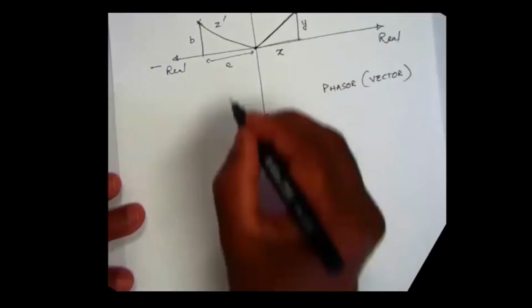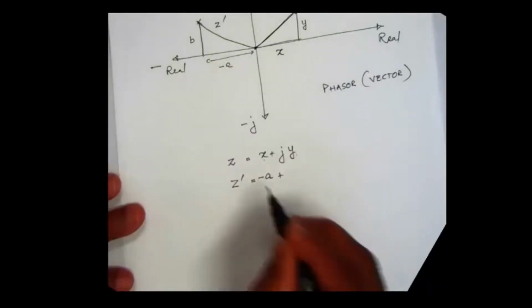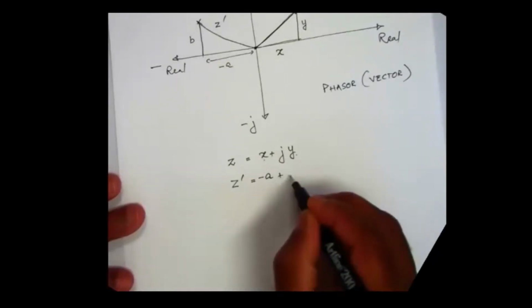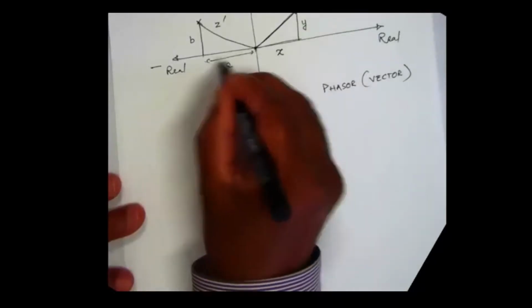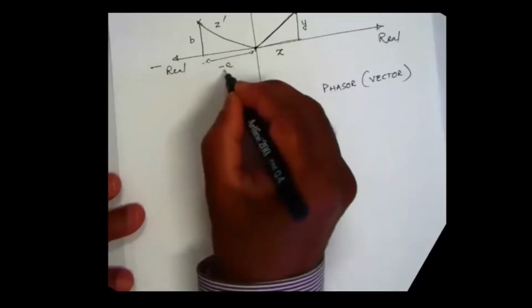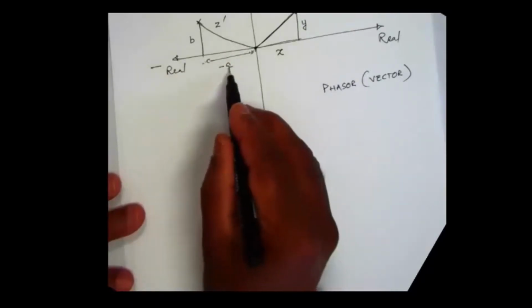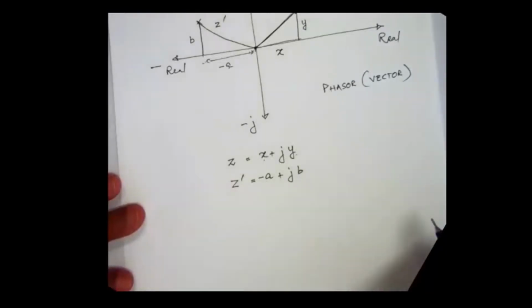Now a is, shall we say this is negative, so it is negative a plus jb. If we take this magnitude here as a, because it's on the negative real axis, it becomes negative a, so it will be negative a plus jb.